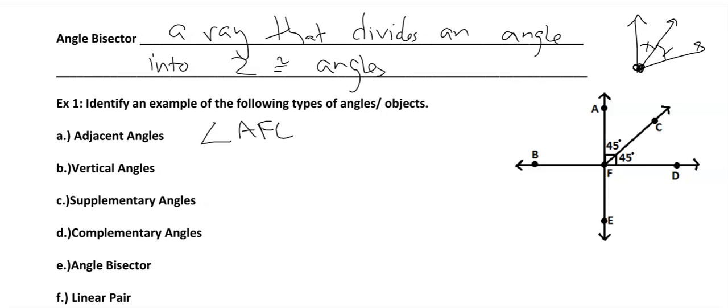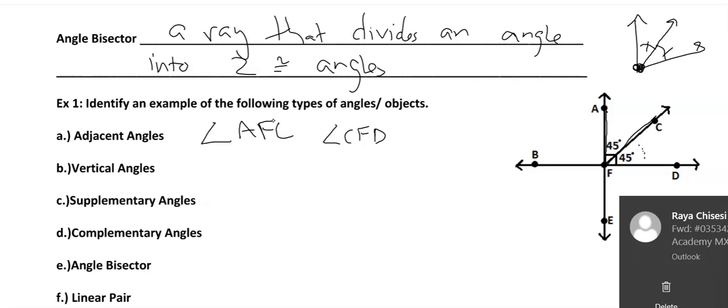What is an adjacent angle with angle AFC? What is an angle that shares a side and a vertex with AFC? Well, this angle over here shares a side and a vertex. So angle CFD.